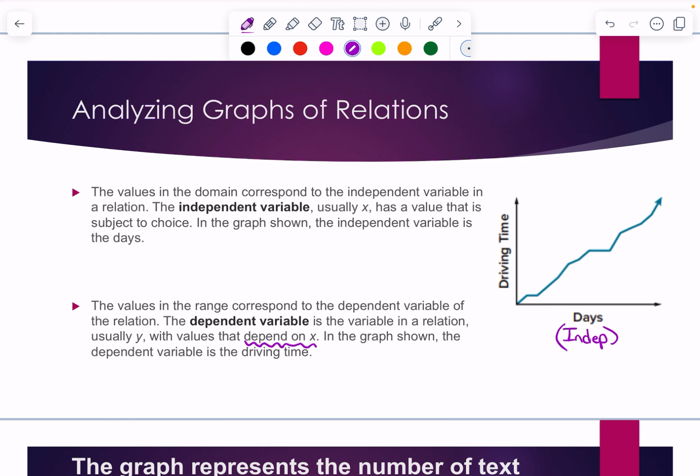So for example, here, however many days I'm driving, that's what's giving me the driving time. So that's why driving time becomes the dependent. So in the graph shown, the dependent variable is the driving time. So the driving time is based off of the number of days.